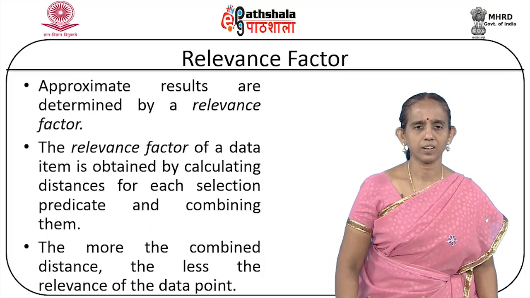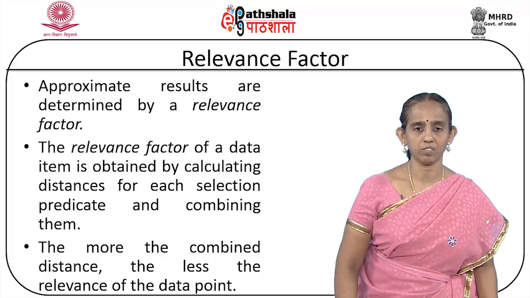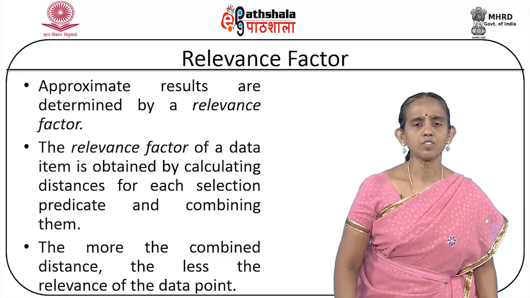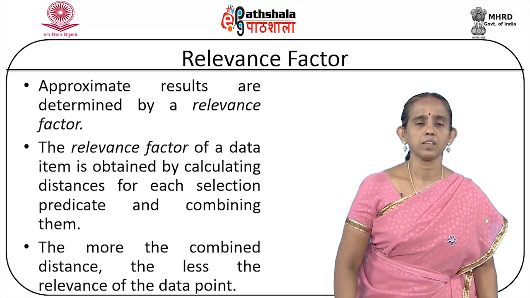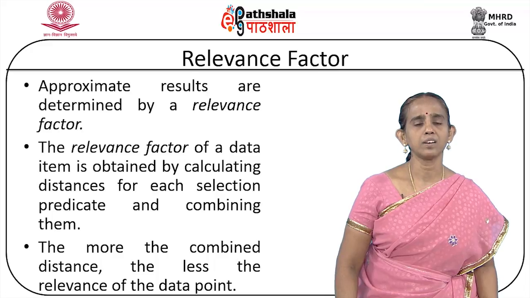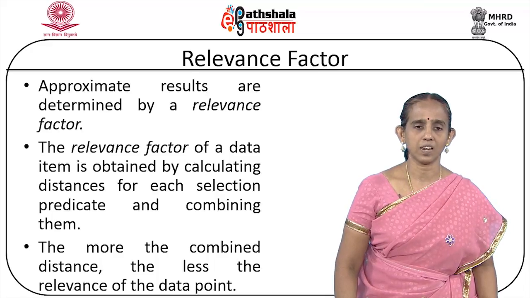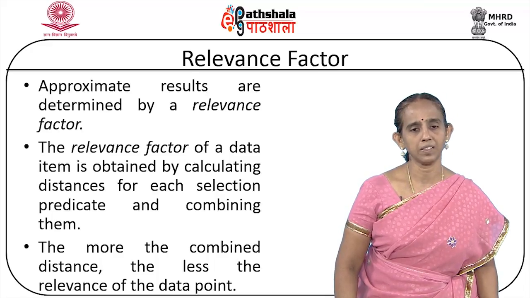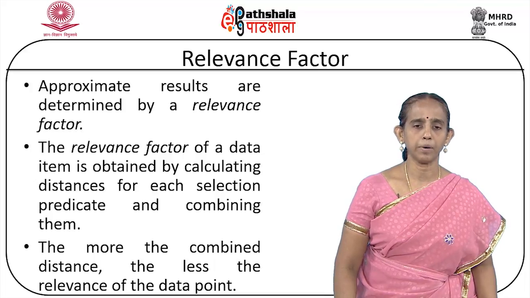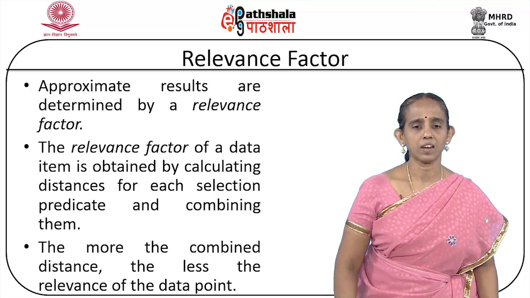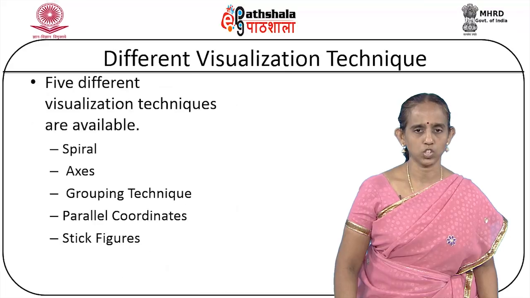The relevance factor: approximate results are determined by a relevance factor. The relevance factor of a data item is obtained by calculating distances for each selection predicate and combining them. The more the combined distance, the less the relevance of the data point as such.